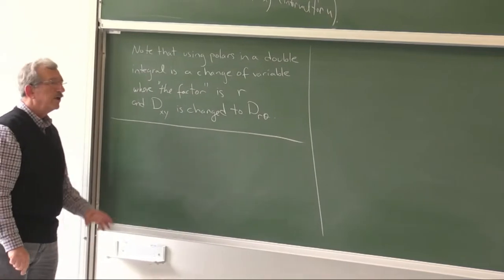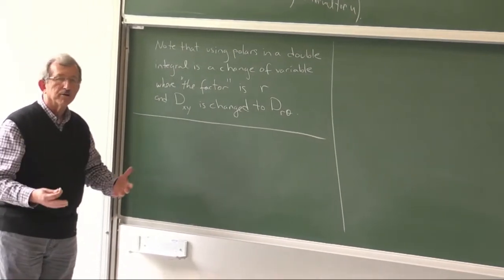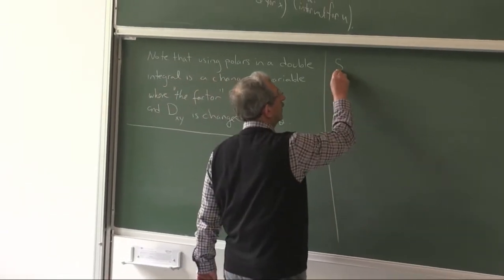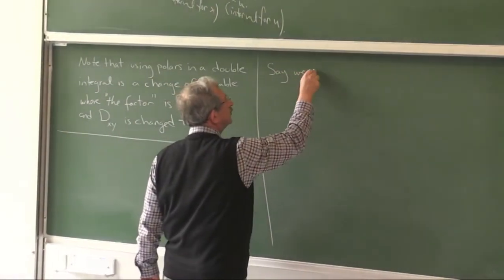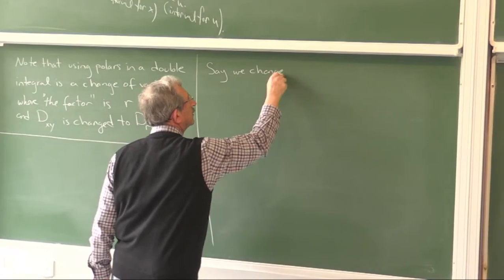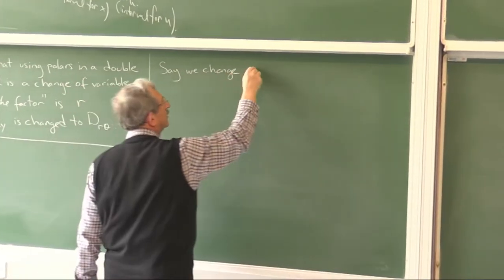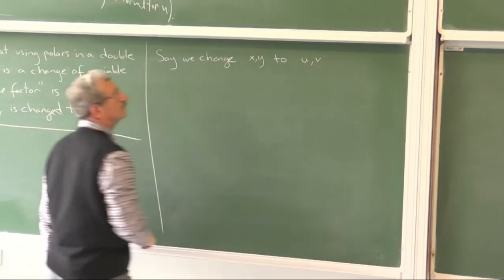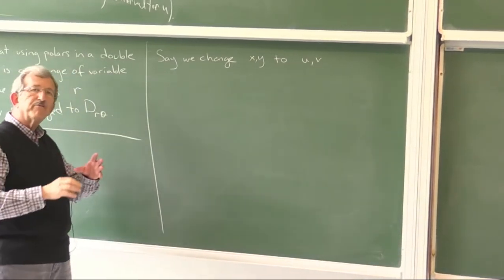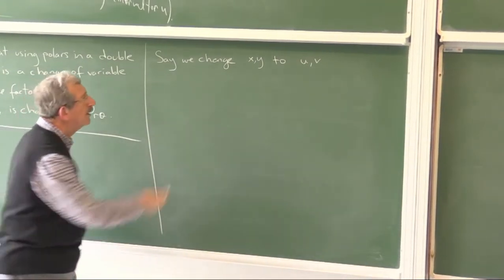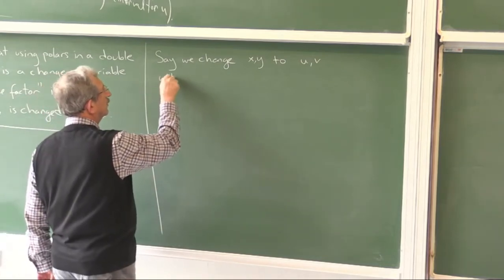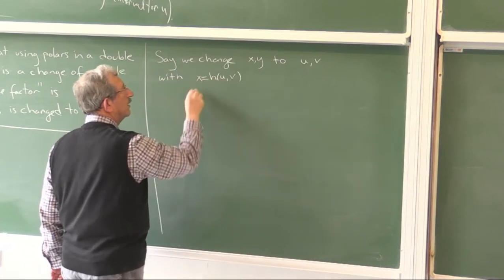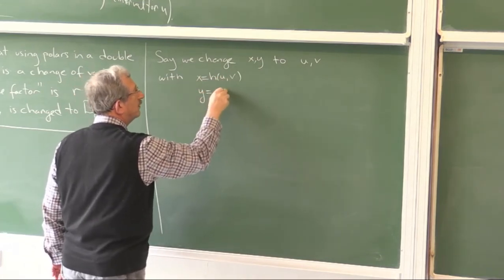Now, how can we perform this in general? Say we change the xy system to the uv system. This means that there is a function connecting them, with x is h of u, v and y is g of u, v.